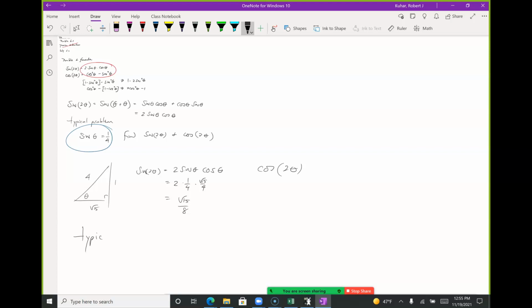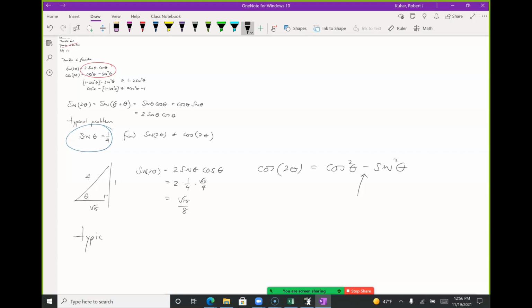So cos 2 theta turns out to be cos squared theta minus sine squared theta. Why do I know that middle sign can't be positive? What helps me remember that? Sine is odd.